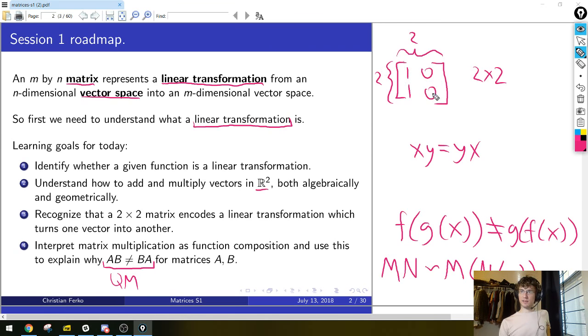But if you change your coordinates, for instance, if you're in the plane and you have the x-axis and the y-axis, and someone else comes along and says, I'm going to rotate my axes by 45 degrees and call these new axes u and v. If you were using the first interpretation of a matrix just as some bunch of numbers, you would say, well, the matrix is the same in either coordinate system. It's just a bunch of numbers.